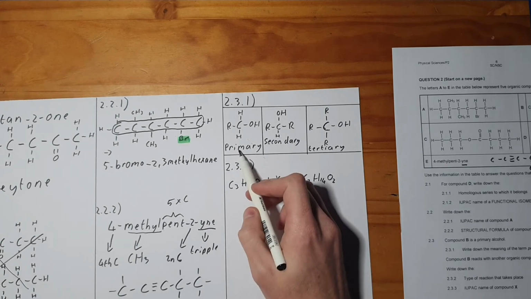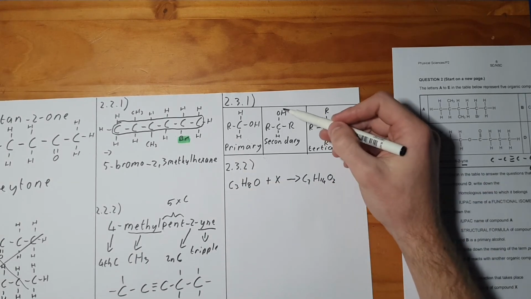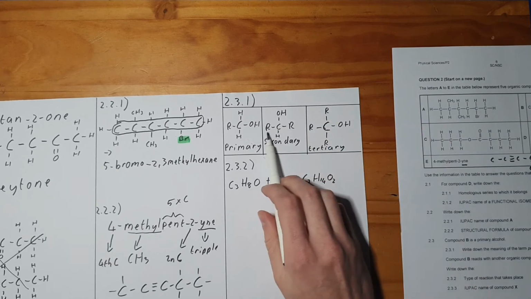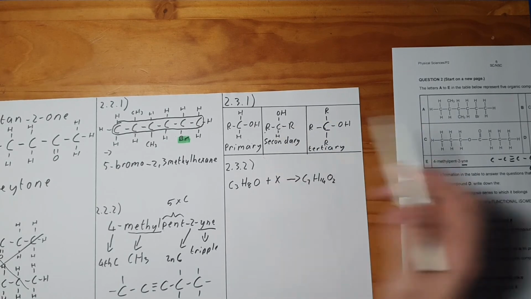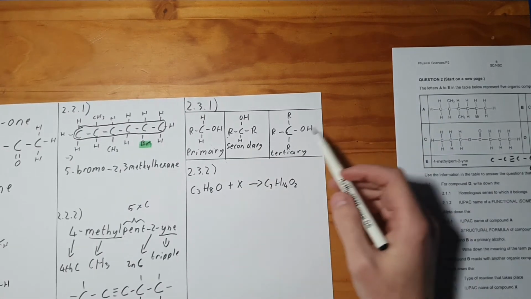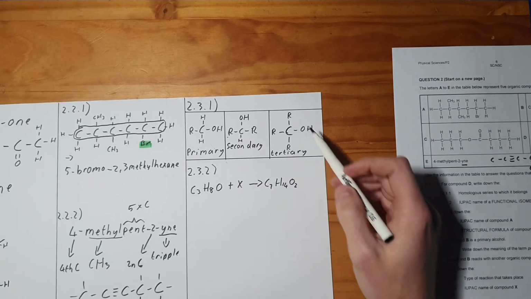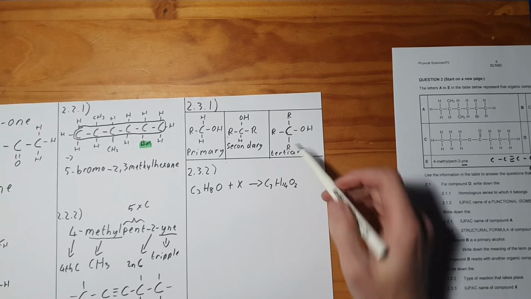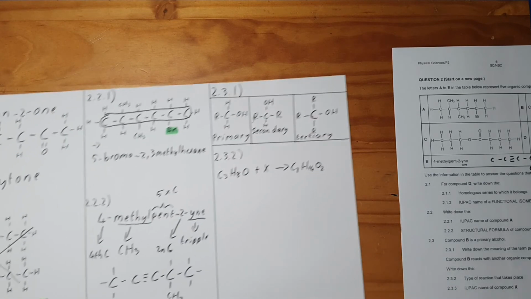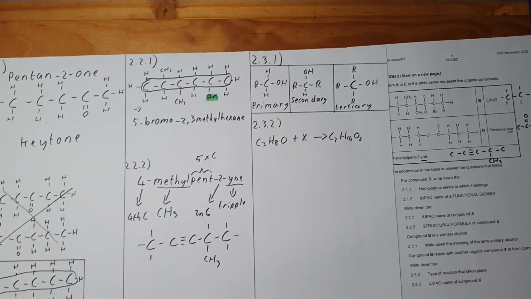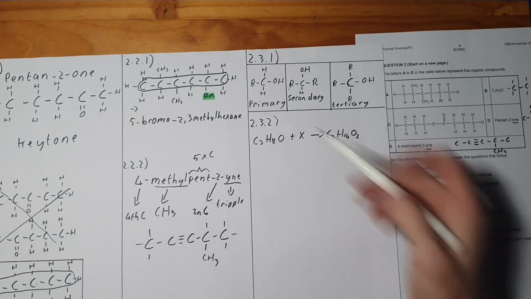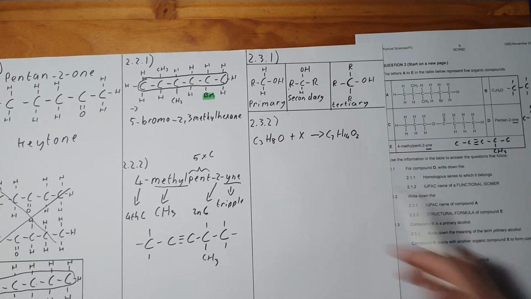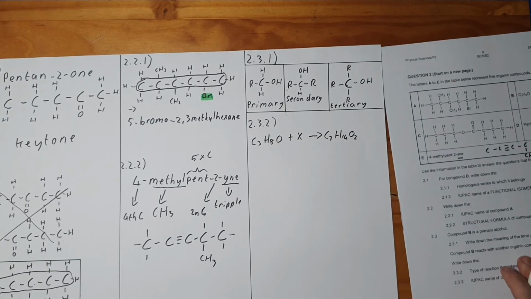Secondary is where the OH is bonded to a carbon that sits between 2 other carbons, so in the middle of a chain. And tertiary alcohols is where your OH is attached to a carbon that's attached to 3 other carbons. In the memo below you'll be able to find the definition required for a primary alcohol, but this is the basic gist of it.